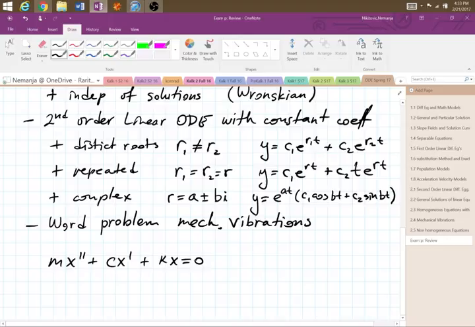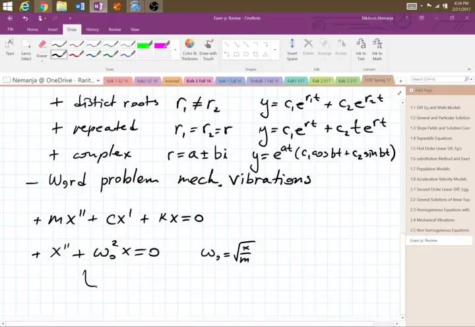We could, but we don't. Whatever. So that's the first one, and the second one would be the good old x double prime plus omega 0 squared x equals 0, where omega 0 is the square root of k over m, whose solution is that good old x of t equals C cosine of omega 0 t minus alpha.